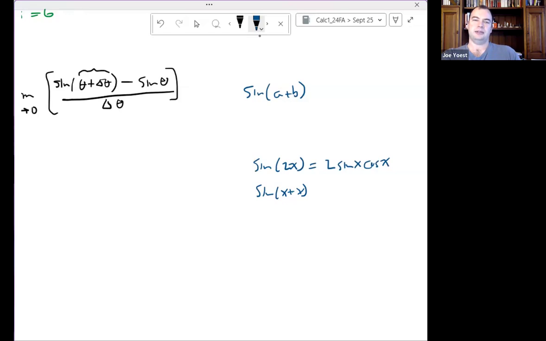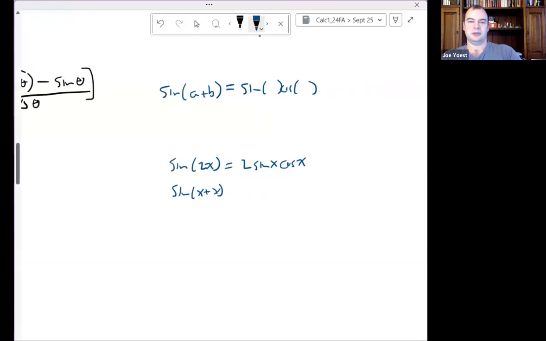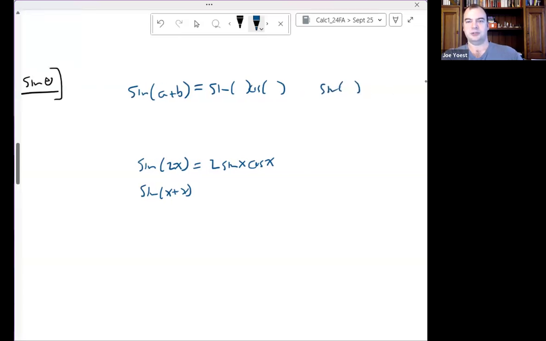So I know that sine mixes the trig functions when I have the sine of a sum of two angles. I'm going to have sine something cos something, and then another sine something cos something. Because if I put x and x in here, I get sine x cos x plus sine x cos x, and that gives me 2 sine x cos x. I also know they have to be added together.